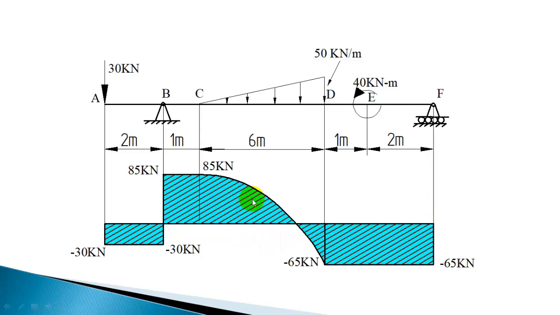Now you can observe that under the UVL the shear force is changing its sign. So at this point you will have a peak for the bending moment curve. We have calculated the bending moment at A, B, C, D, left of E, right of E and F. We did not calculate the bending moment corresponding to this point.